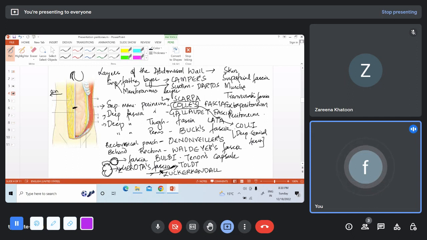If they ask you about Waldeyer's fascia, then it is behind the rectum. All right, the condensed fascia behind the rectum. But if the question is Waldeyer's ring, then it is in the neck.